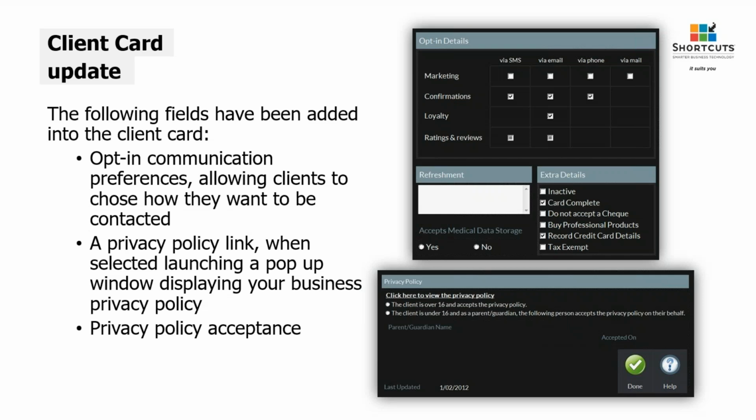Now we actually have different options for the way that we communicate with our customers, whether it be marketing, confirmations, loyalty, or ratings and reviews, and whether or not they're opted in via SMS or email, etc. There's also a privacy policy link that is added to the customer card, and we can use that if necessary. So those updates have been added to the customer card in 8.0.28.